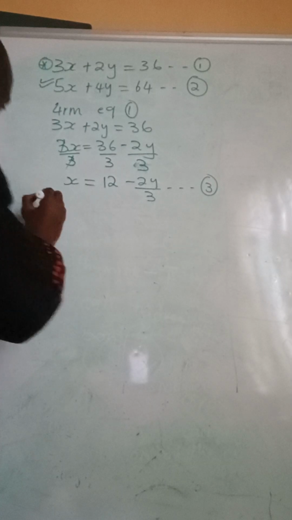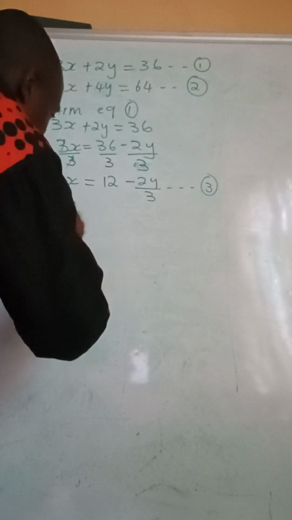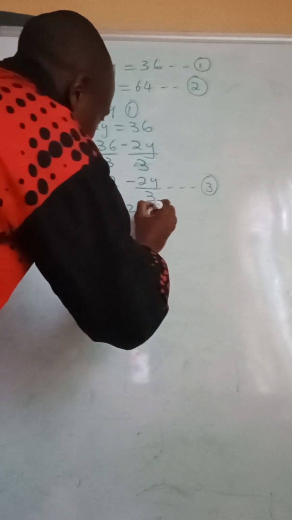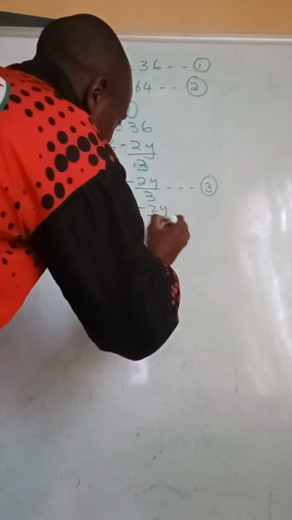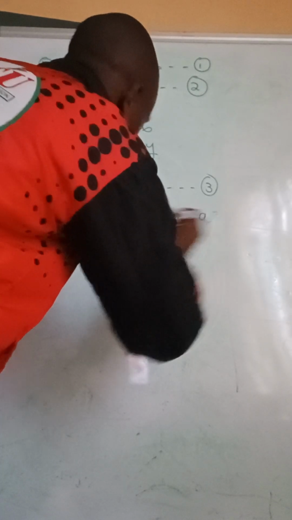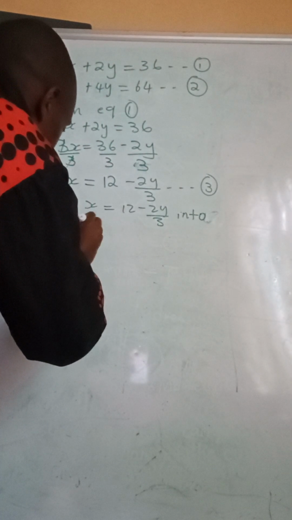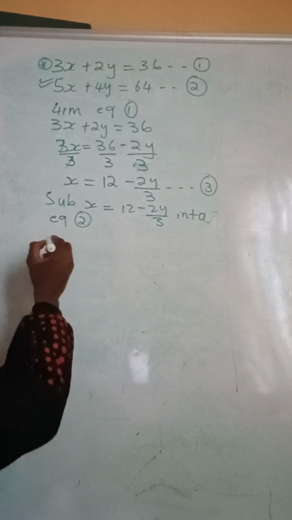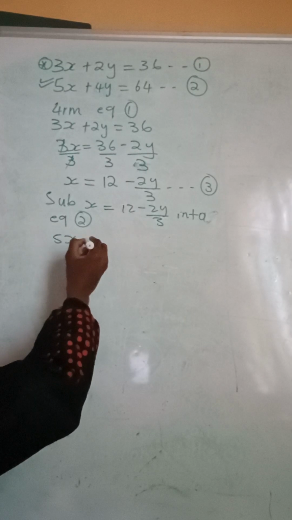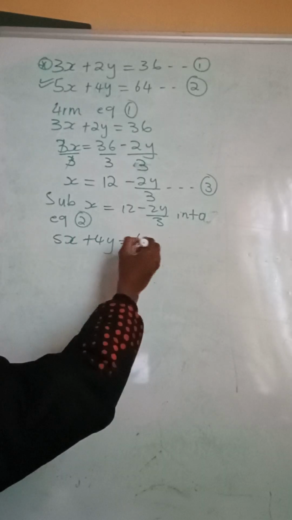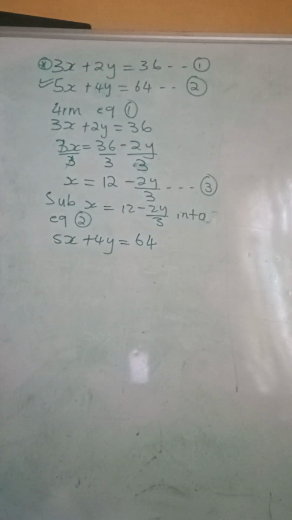So I'm going to write here, substitute x is equals to 12 minus 2y all over 3 into equation 2. So now, what is my equation 2? My equation 2 is 5x plus 4y is equals to 64.